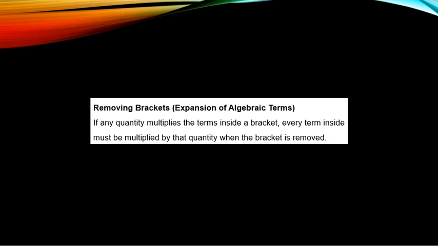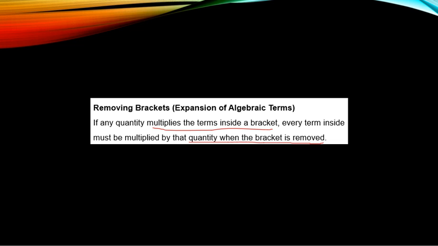Another aspect of the simplification is removing brackets. That is expansion of algebraic terms. If any quantity multiplies the terms inside a bracket, every term inside must be multiplied by that quantity when the bracket is removed.